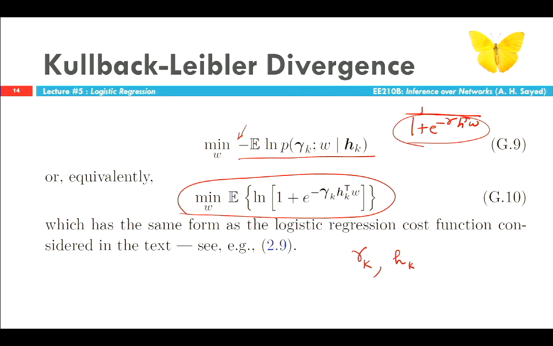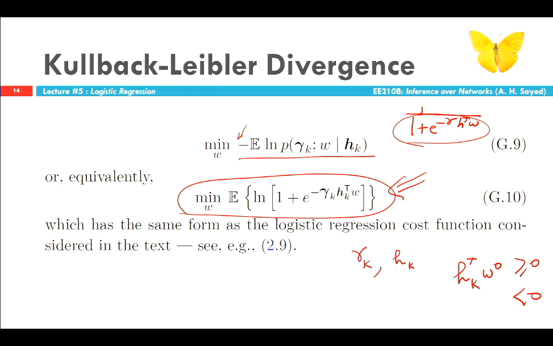It minimizes this cost function over the distribution of the data, because there is an expectation here. If you know the distribution of the data, you can compute this expectation and minimize it over omega, which gives you the best omega under this criterion. Once you have the omega, you compute the inner product of any new h with that omega, and declare it to be in one class or the other depending on the sign of that inner product.